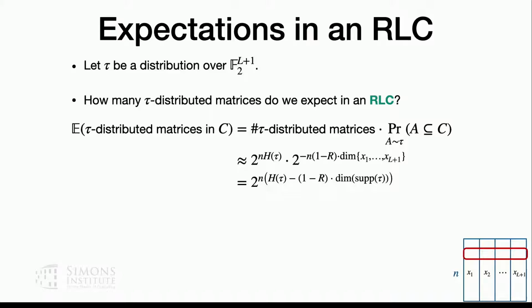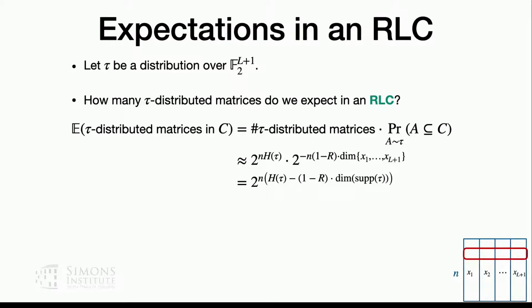And we want to know how many matrices with this distribution we expect the code to contain, their columns. Okay, so what's this number? It's the number of tau distributed matrices, the number of matrices that have tau as a row distribution, times the probability for such a given matrix that its columns are contained in the code.